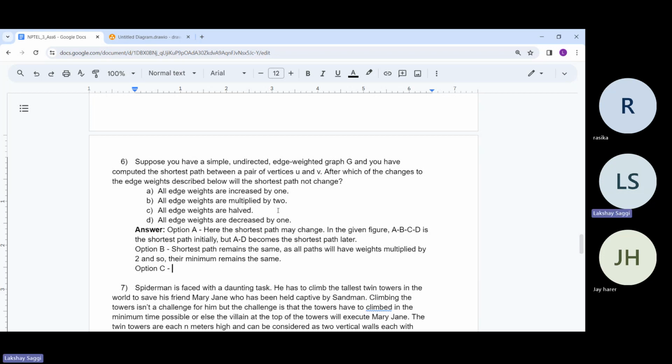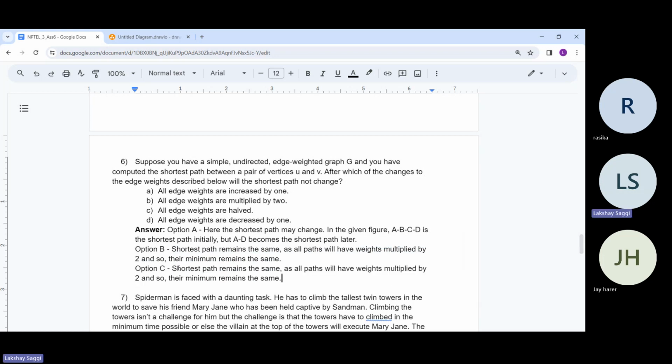Similarly, in option C, if all edge weights are halved, then again, by a similar argument, we can say that the shortest path remains the same. I'll just copy and paste this argument, as all paths will have weights halved, and so their minimum remains the same.